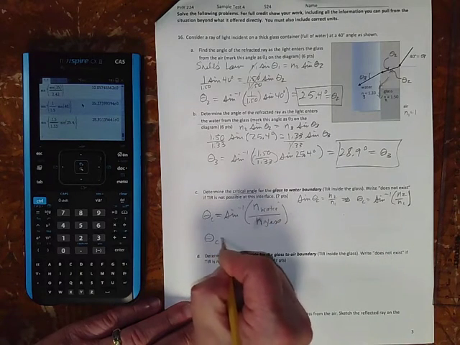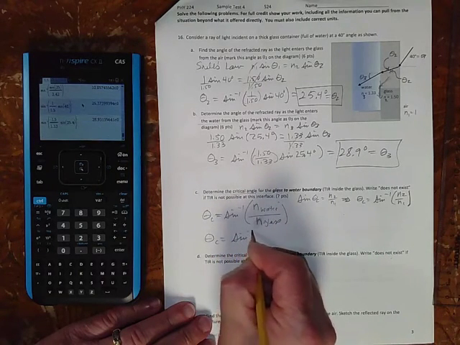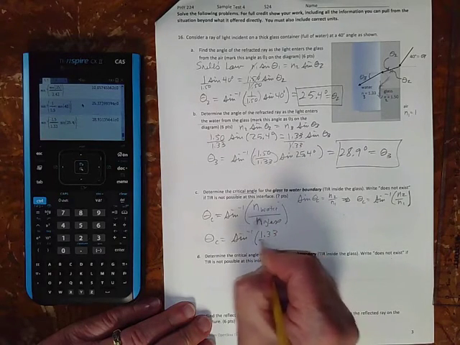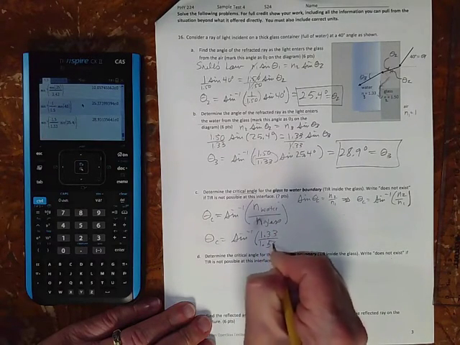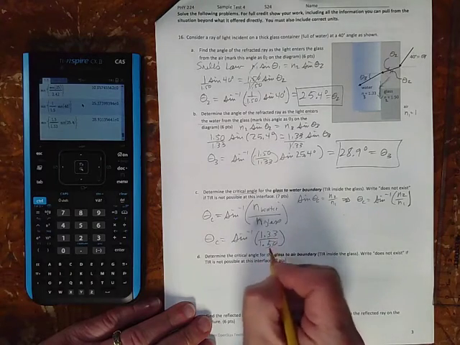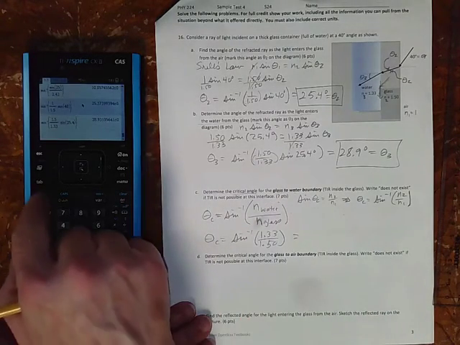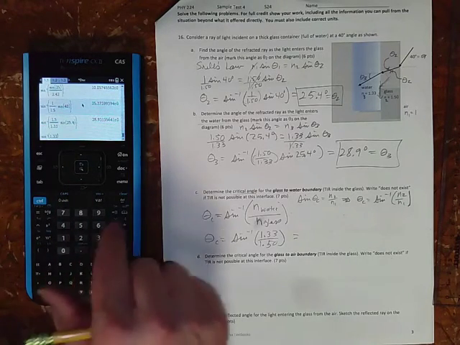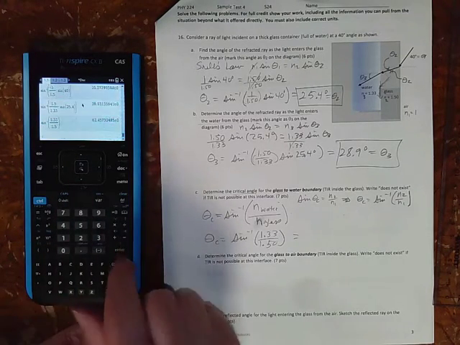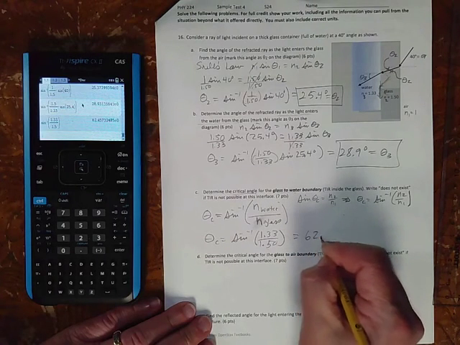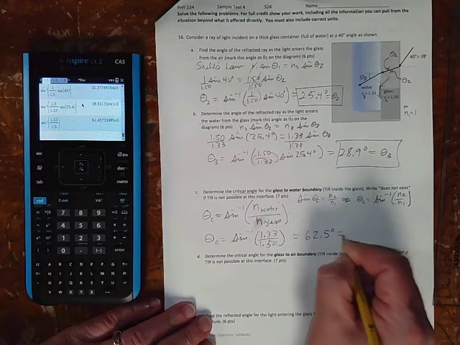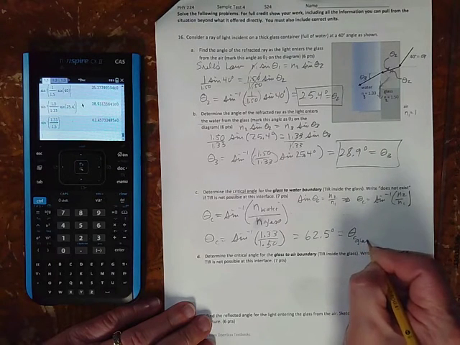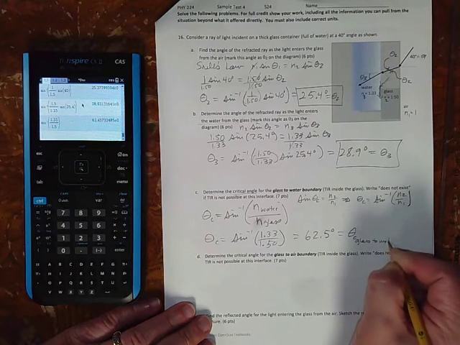So theta critical in this case is inverse sine of water, and water is 1.33, and glass is 1.50, so we're okay because the top is smaller than the bottom. So we'll do inverse sine 1.33 divided by 1.5. 62.5 degrees is theta critical for glass to water.